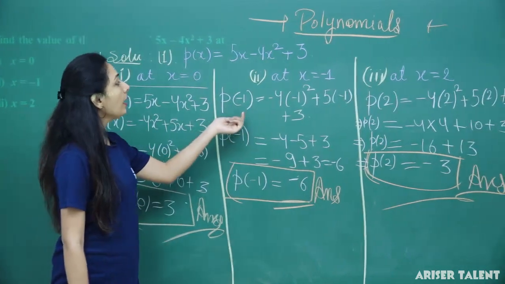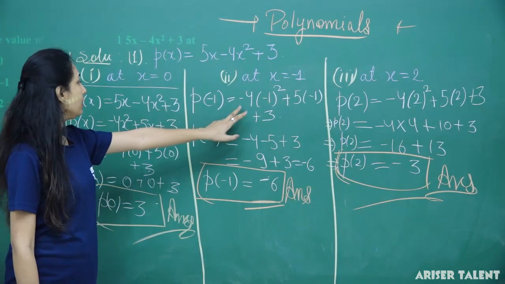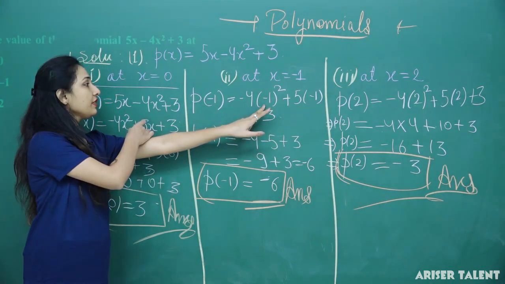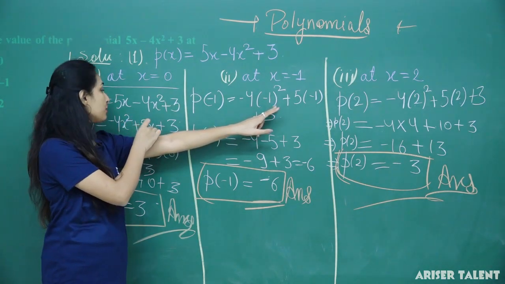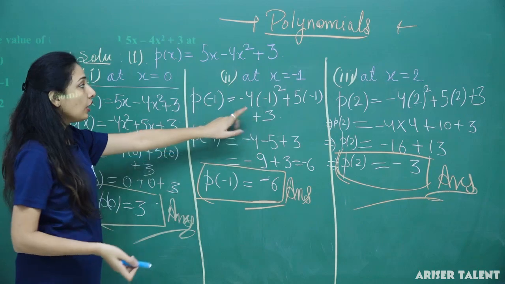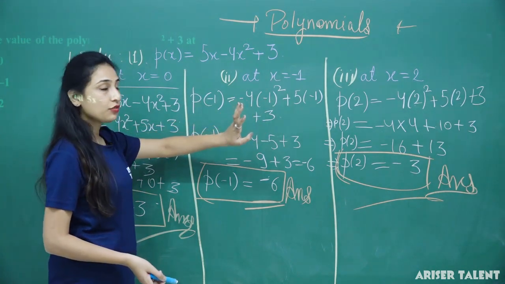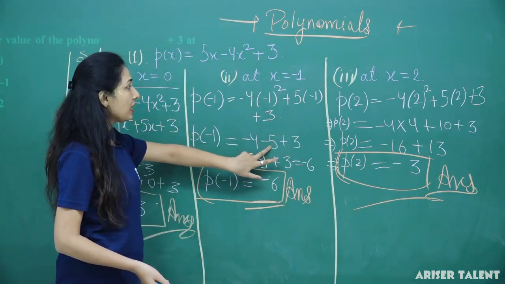Okay, so P(minus 1) equals to, this is your minus 4. So minus 4 multiplied by minus 1 whole square plus 5 times minus 1 plus 3. I am checking it with this equation. So that will be minus 4 times 1, plus minus 5, plus 3.